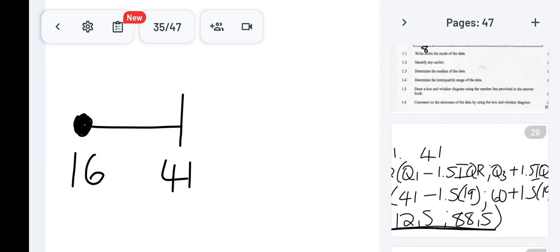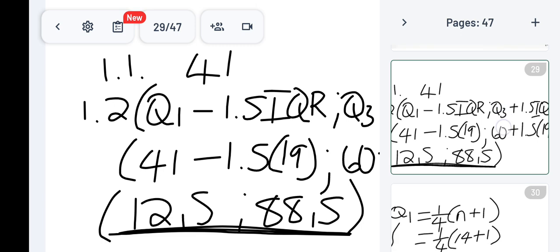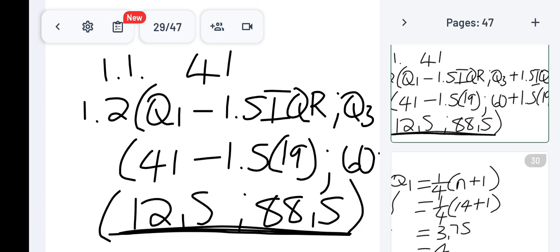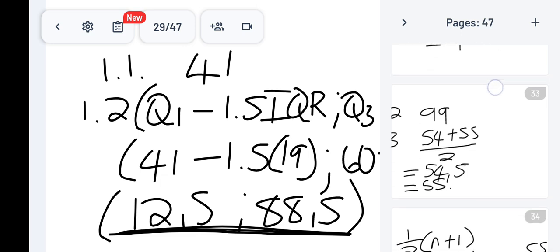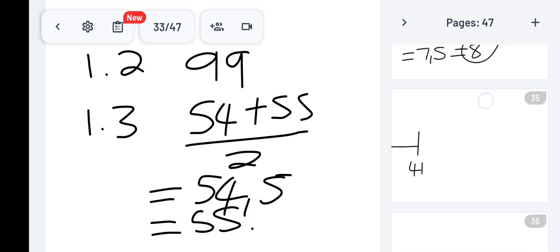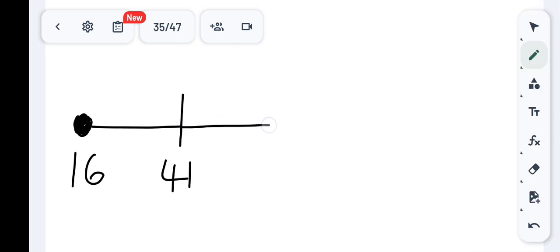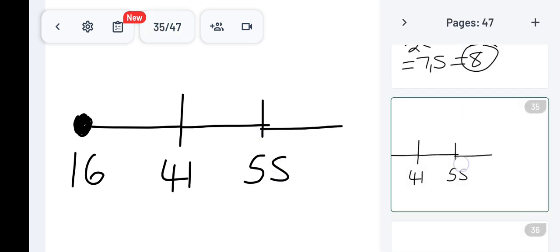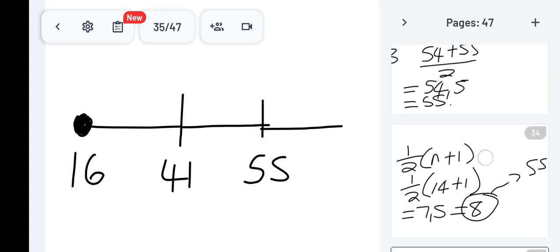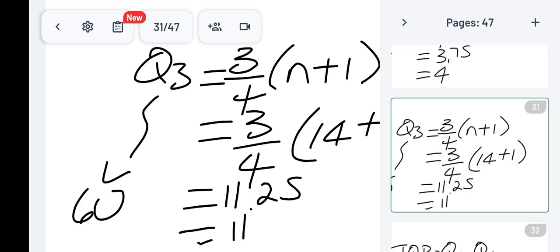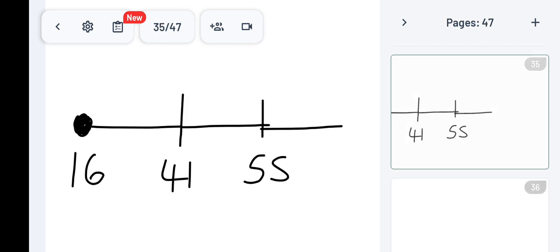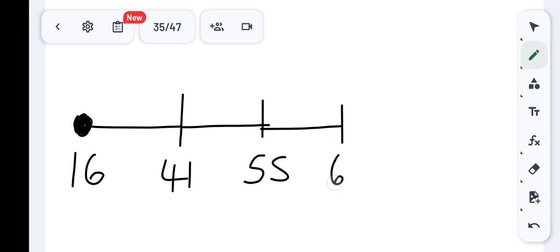And then what is our median? We calculated the median here, 55. And then what is our Q3? 60.